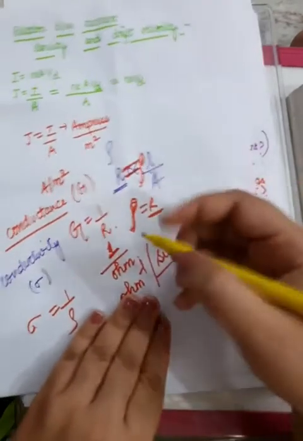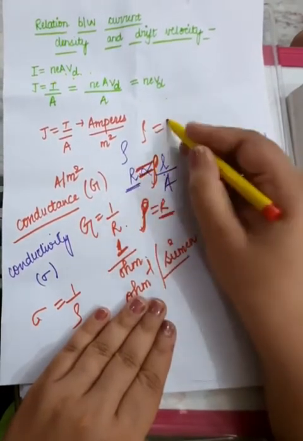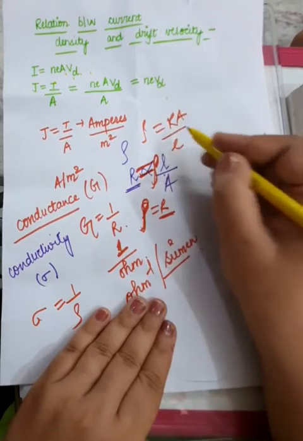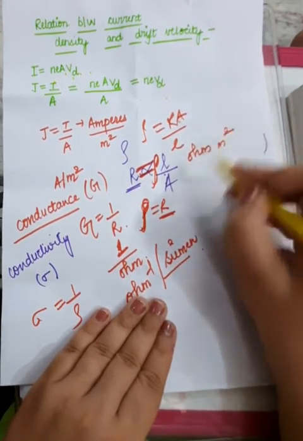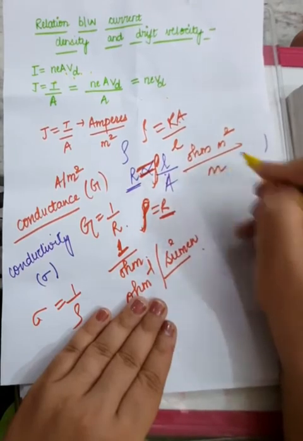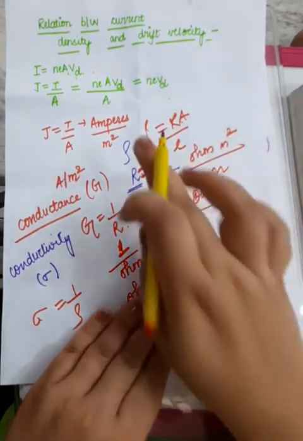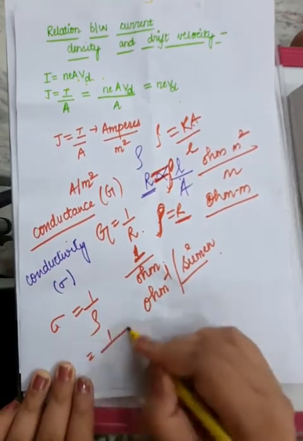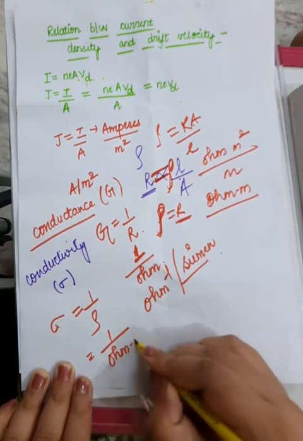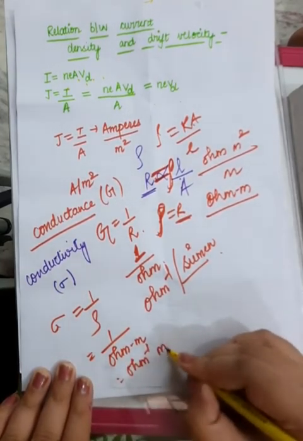Anyway, so rho is basically R A upon L. R is measured in ohms, area is measured in meter squared, and length is measured in meters. So ohm meter is the unit of resistivity. So what will be the SI unit of conductivity? It will be 1 upon ohm meter, ohm inverse meter inverse.